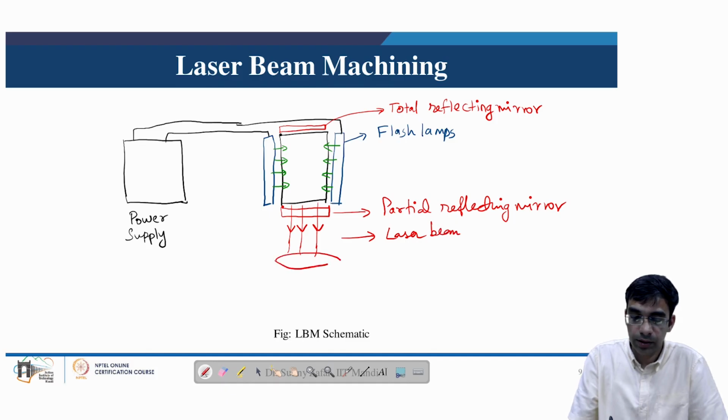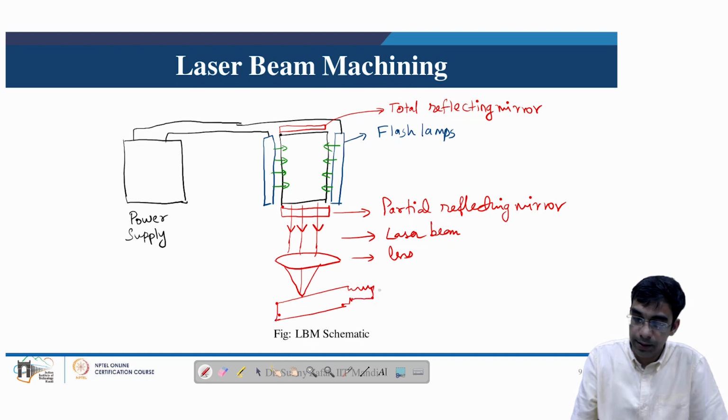This can be focused using a lens, and this focus can be done on the workpiece, which is the gas turbine blade.